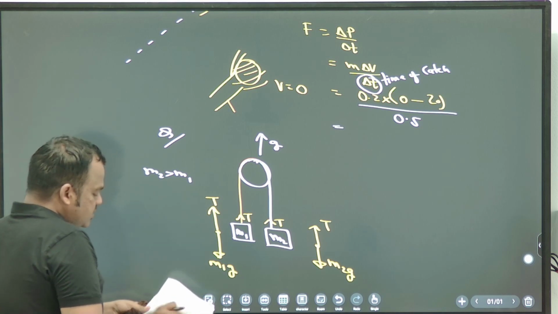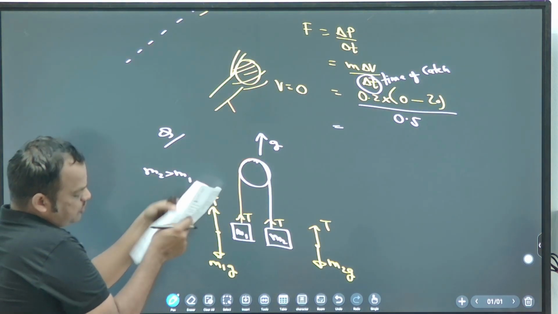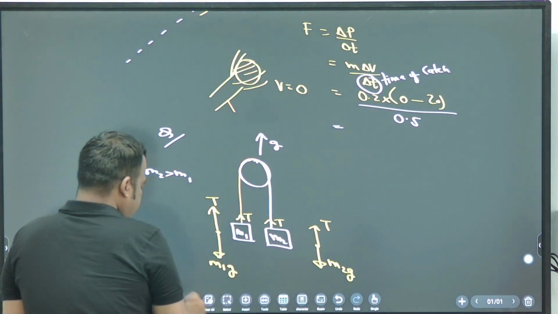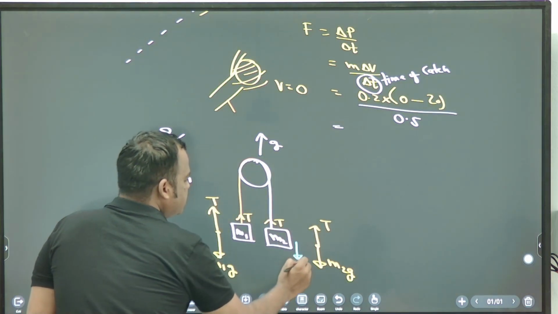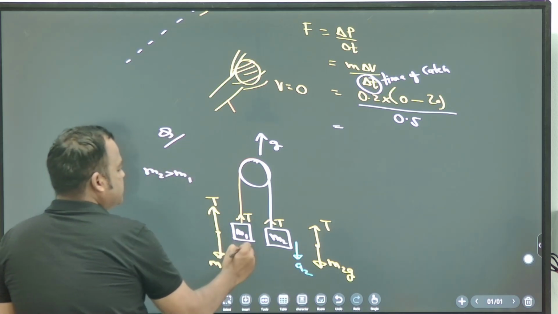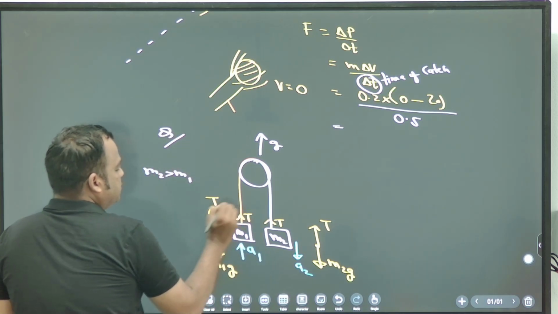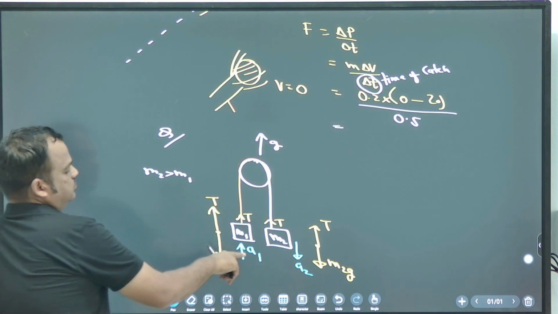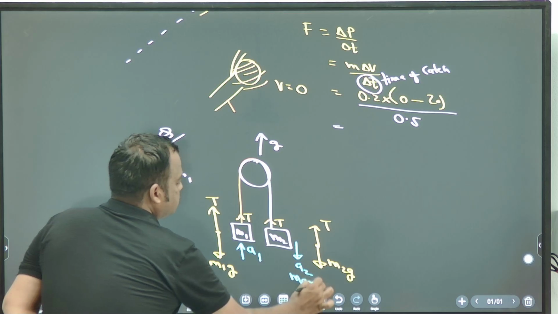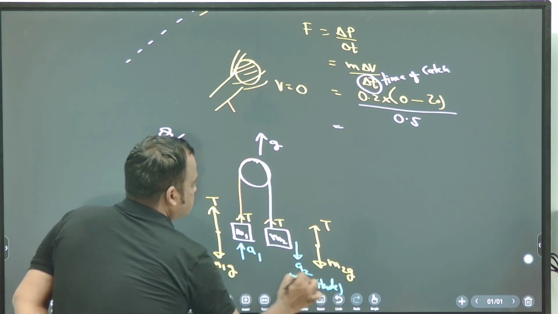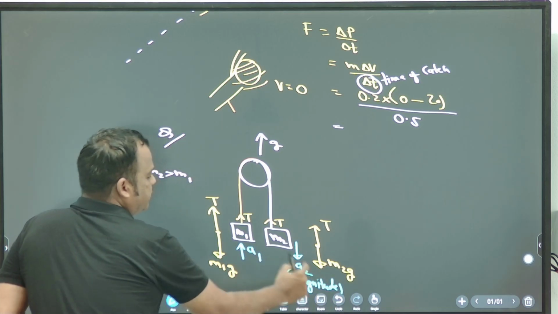M2 is greater, so you assume the acceleration of M2 is a2 downward and acceleration of M1 is a1 upward.